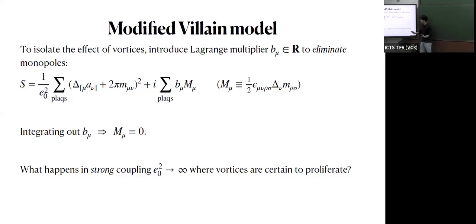So monopoles are gone. Now what we can do is crank up the coupling, and that ensures that center vortices are definitely proliferating. And we can ask, what is the phase of this theory? It only requires that this particular sum is 0.